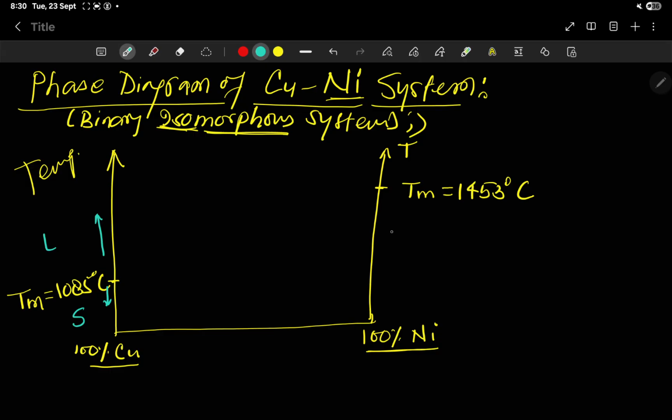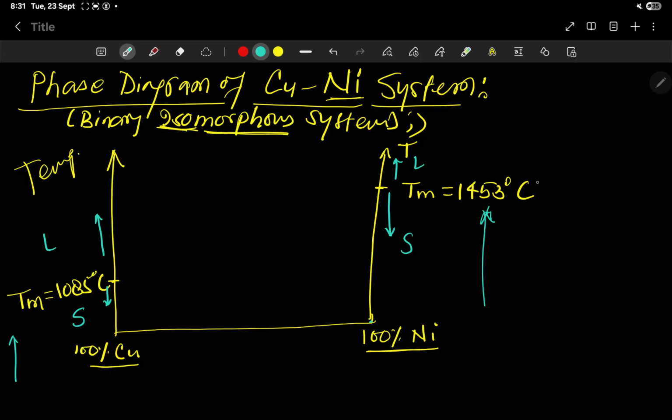And on this side we have 100% nickel. If temperature is below T melting, we have solid phase, and if temperature is above T melting, we will get liquid phase. Okay, so this is called one dimensional phase diagram.